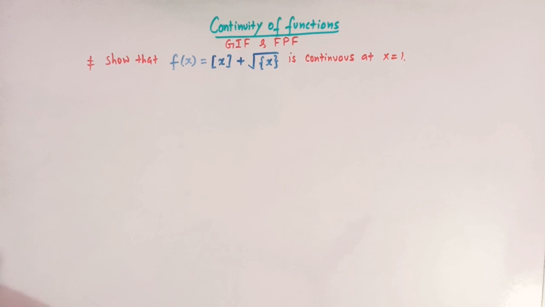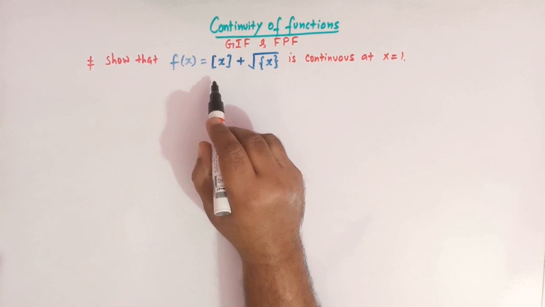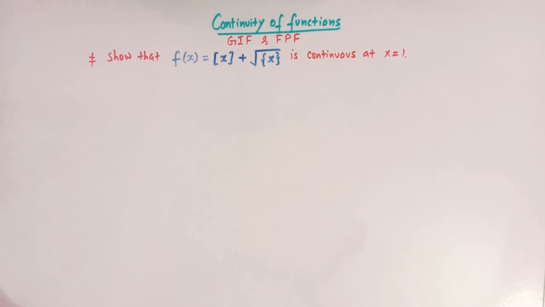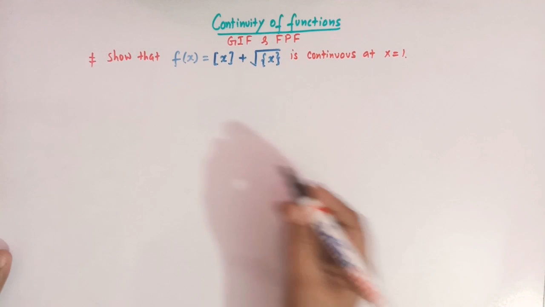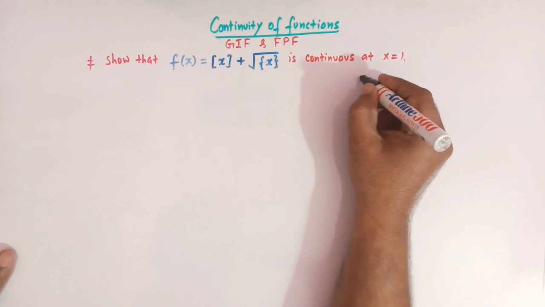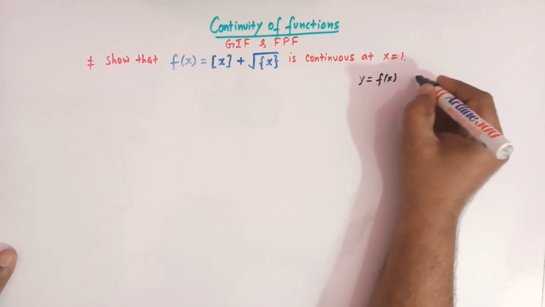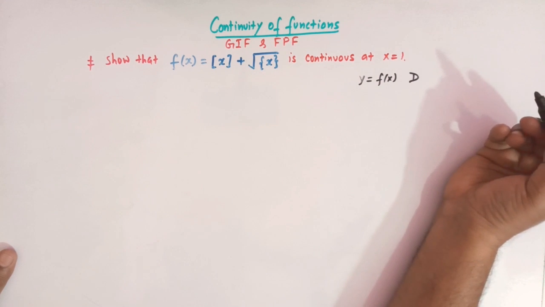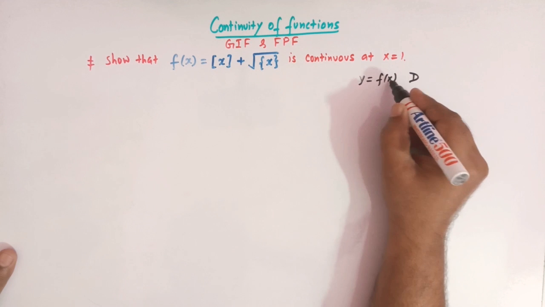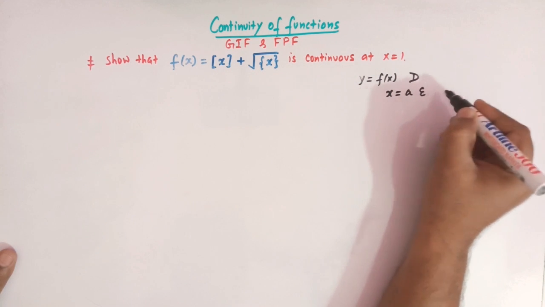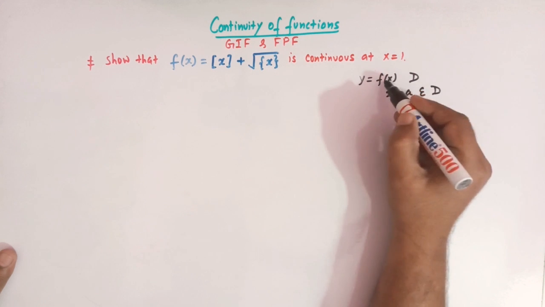Here we'll first take the definition of continuity of a function. Suppose we have a function y is equal to f of x in some domain D, and suppose we have a point x is equal to a, which belongs to the domain of this function.